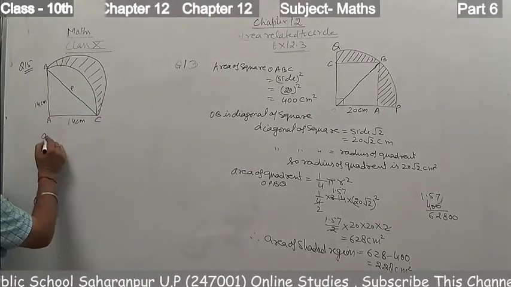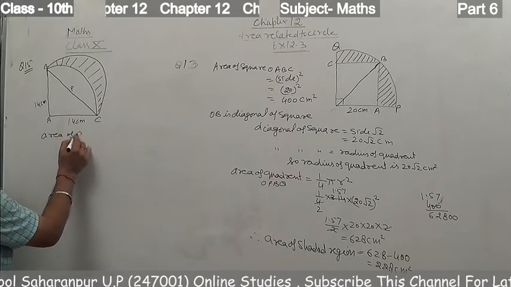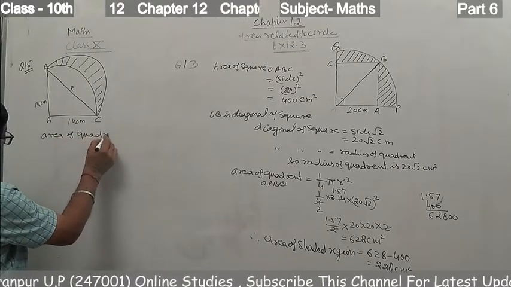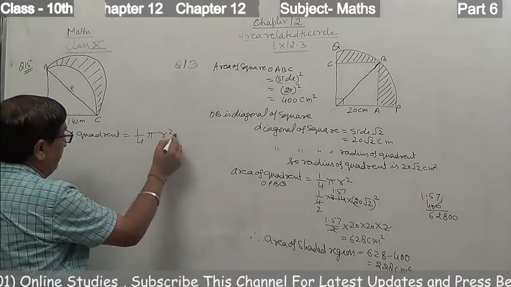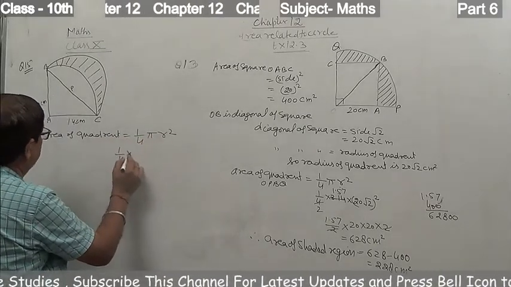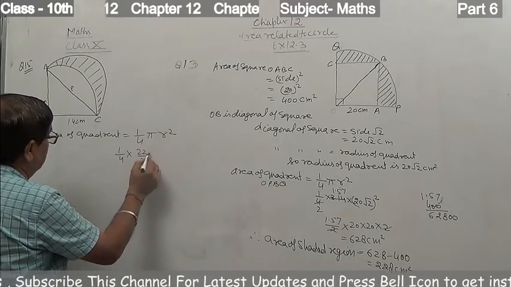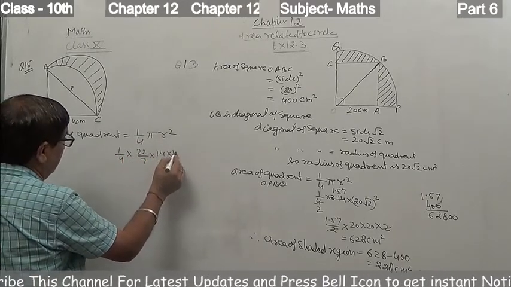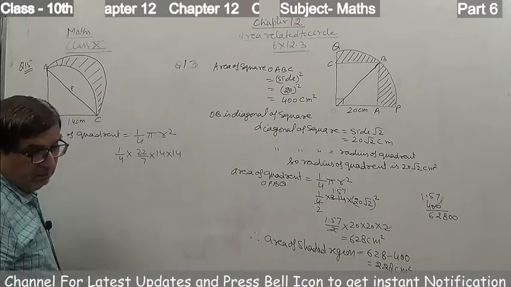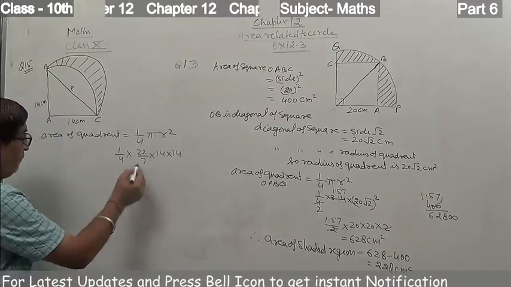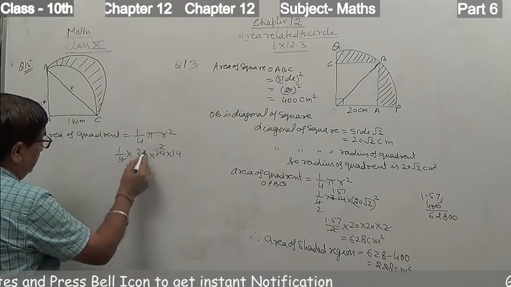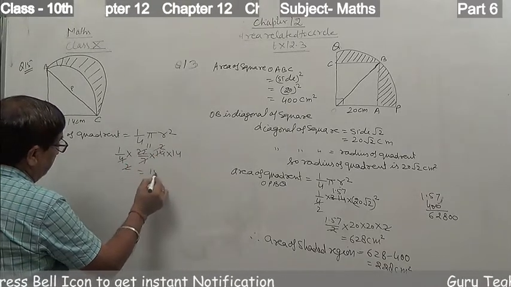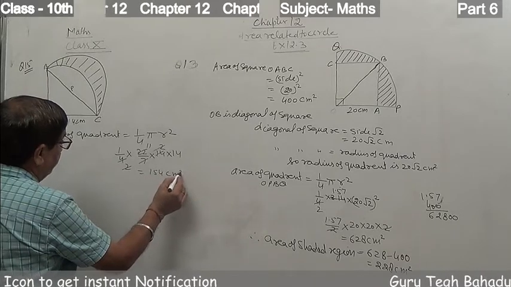So area of quadrant is 1 upon 4 pi r square into 14 into 14, 7 2's, 2 2's, 2 11's, that is 154 centimeter square.